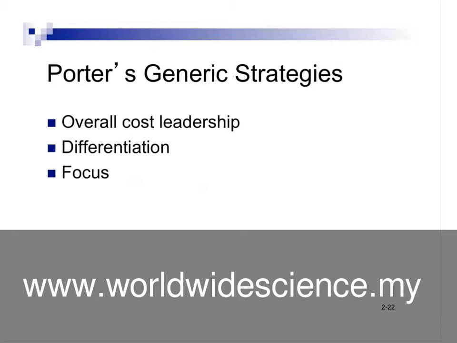They won't say we are better quality. They won't say we are targeting this type of market or this certain group of people. They say we'll give you a better price. So that's the overall cost leadership. Altogether, they say you're better off because they'll give you a cheaper price. And the quality, of course, is quite acceptable, but it's not the best. They don't promote themselves for quality. They promote themselves for the cost.